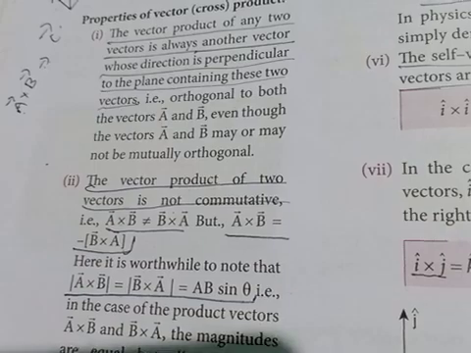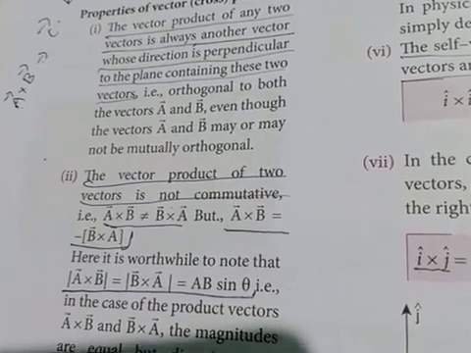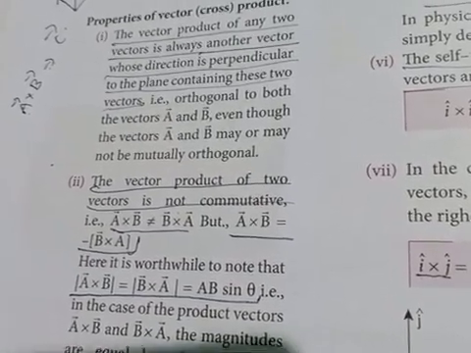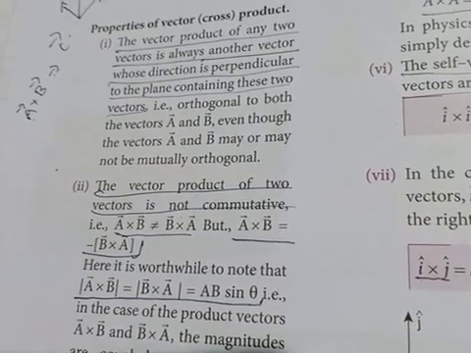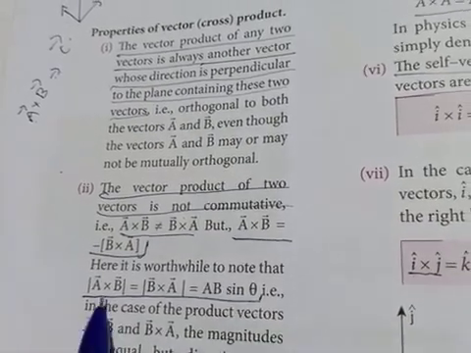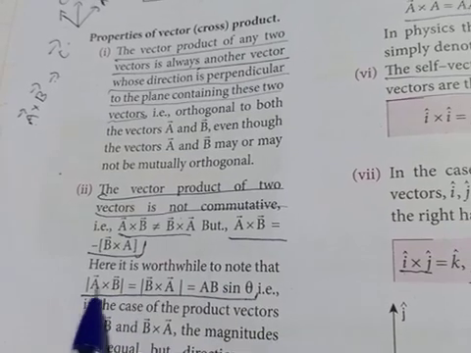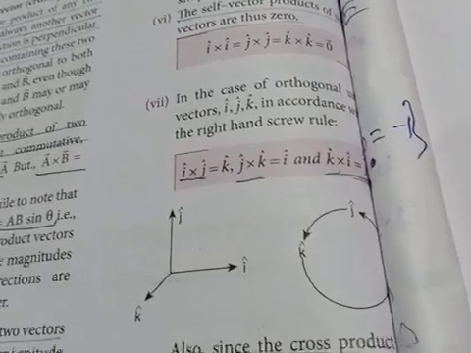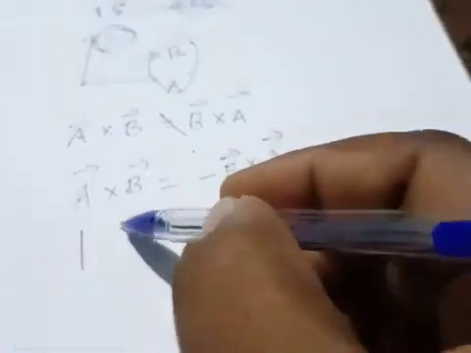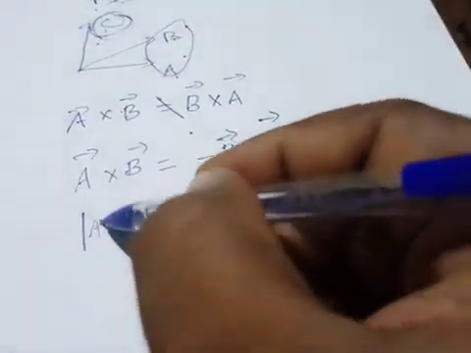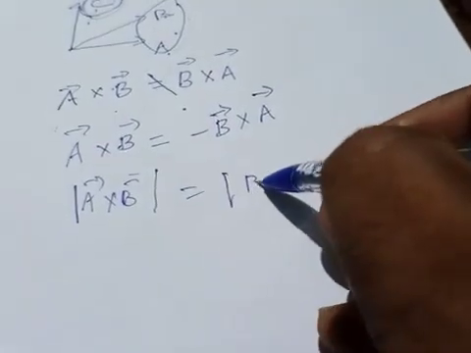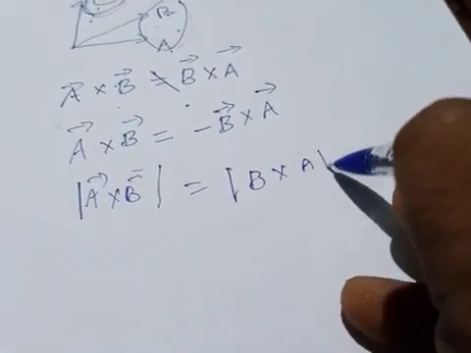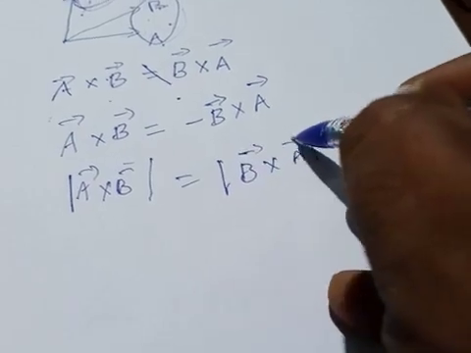That is, A cross B is not equal to B cross A, but you can write A cross B is equal to minus B cross A. In magnitude, we are writing only the magnitude, so there is no need of any vector symbol or minus sign. The magnitude of A cross B and the magnitude of B cross A are equal, no?